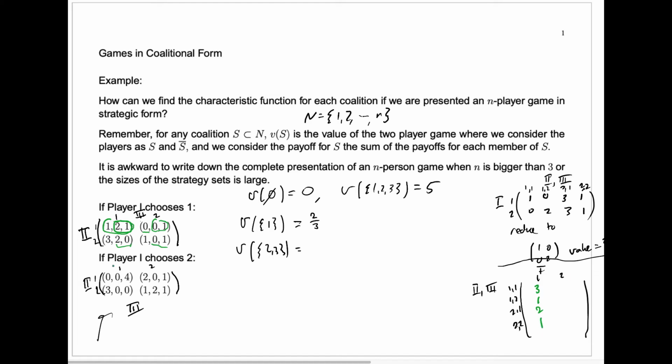If player 1 plays choice 2, we're down here in the second table, and we add up, again, the entries for player 2 and player 3. We get a 4. Here we get a 1. Here we get 0.